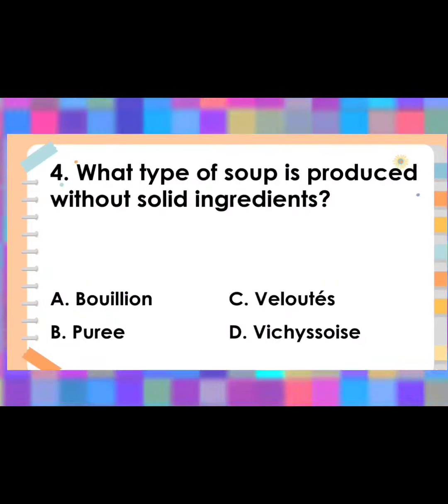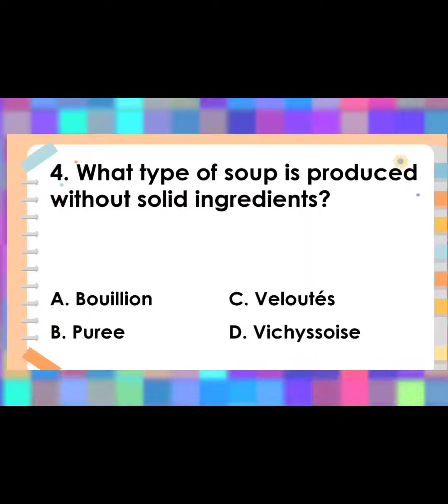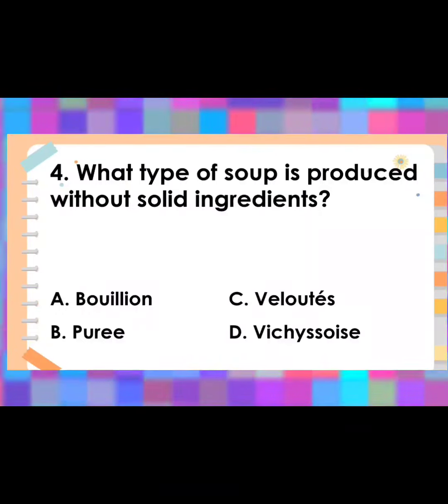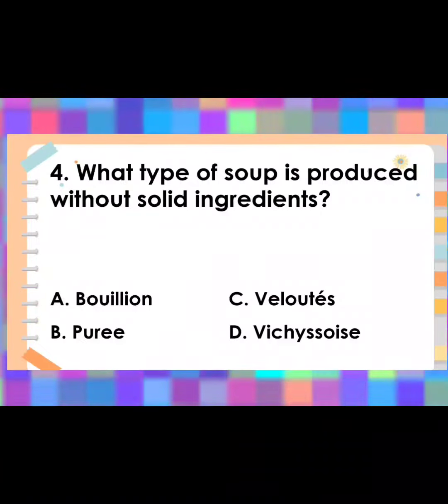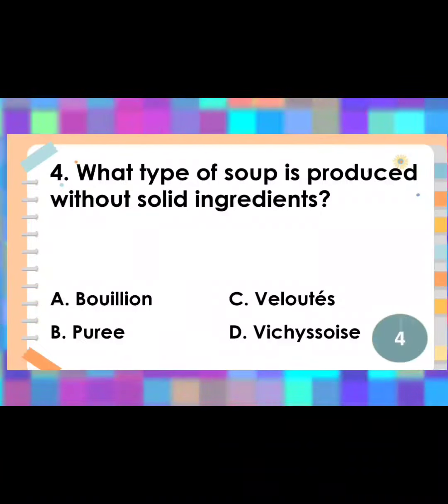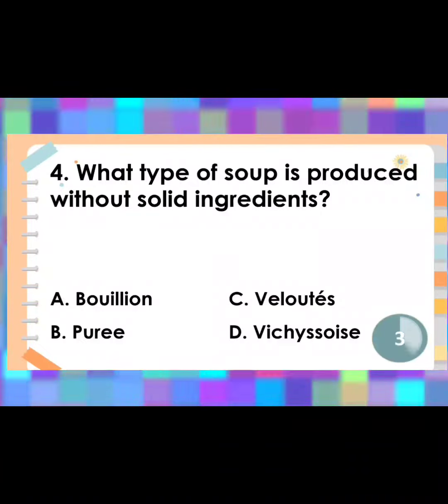Number 4. What type of soup is produced without solid ingredients? A. Bouillon, B. Puree, C. Veloutés, D. Vichyssoise. You are right. Letter A, bouillon.